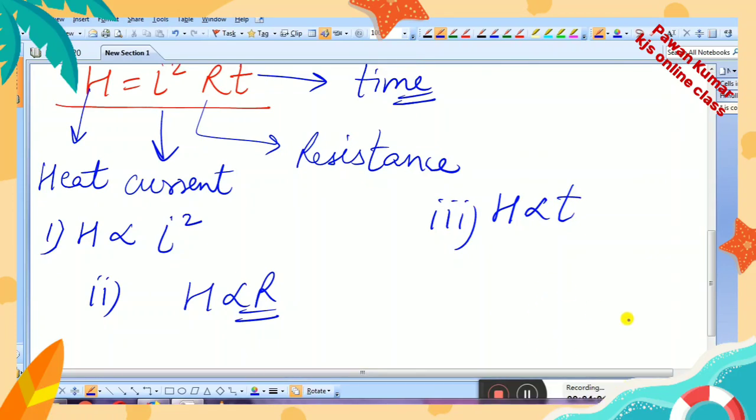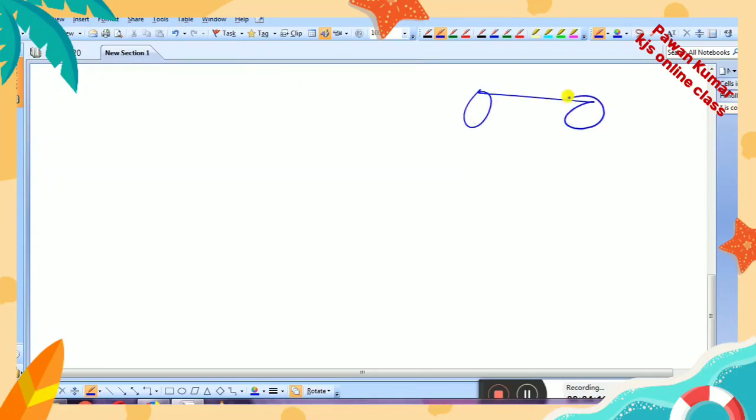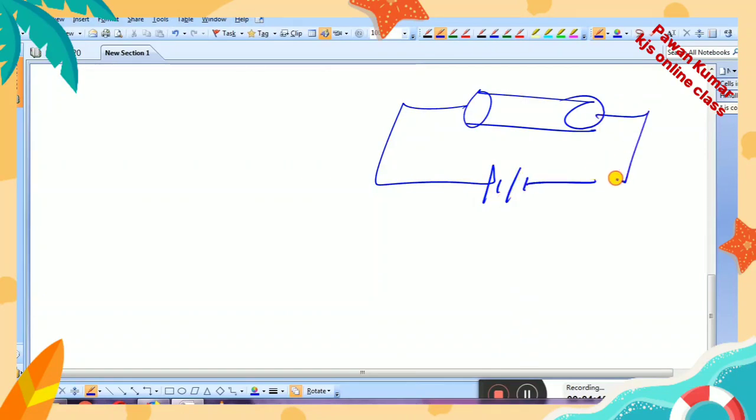After this there is a short derivation, a few steps to obtain the formula H equals I square RT. Let me make one conductor for you. In this conductor we will allow some current I to flow, and the potential difference of the battery is V. The resistance of the conductor is R. We already studied that current is given by Q upon T, where T is the time and Q is the charge flowing.